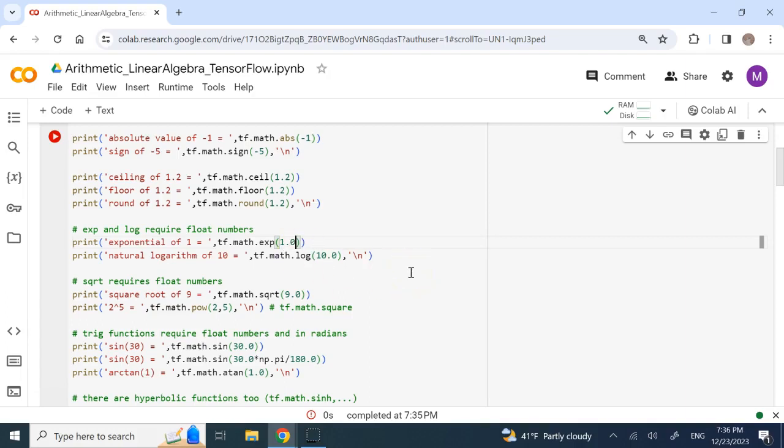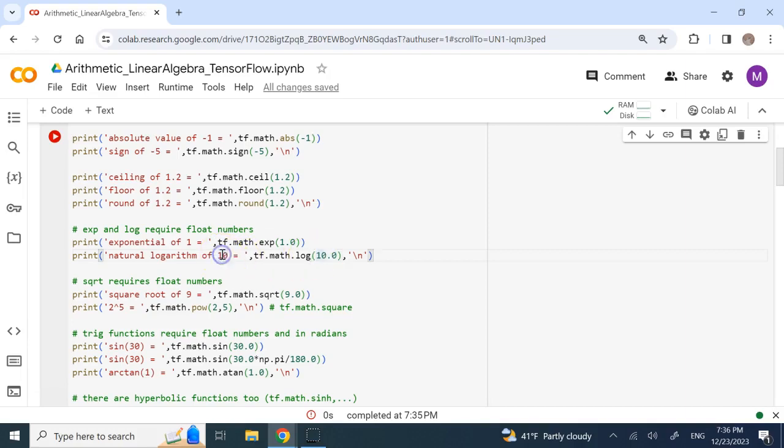So now you might say, what if I want log 10 of 10? Well, then you need to divide the math log of 10 by what? You have to use the logarithm formula, right? So log of a in the base of b is natural log of a divided by natural log of b.